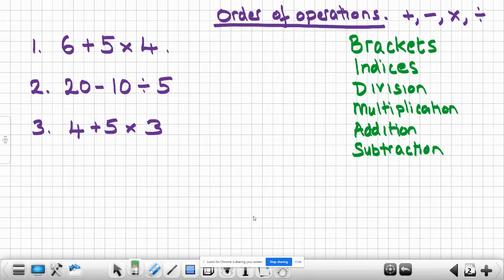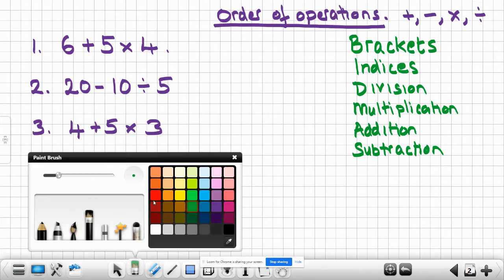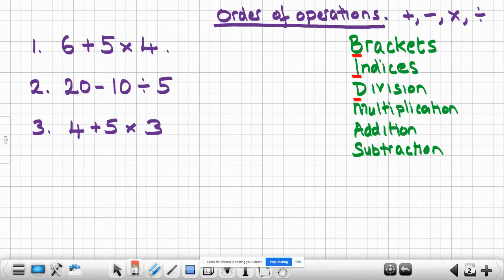And a nice, easy way to remember this is by using the initials BIDMAS. Now, sadly, there are variations on this, which doesn't help matters.